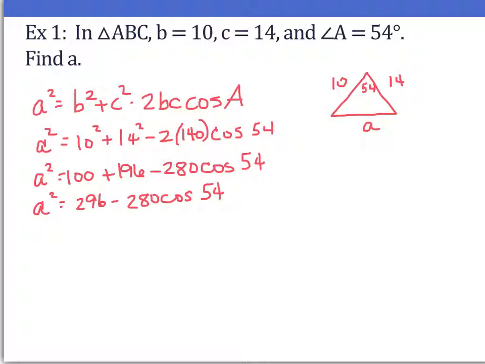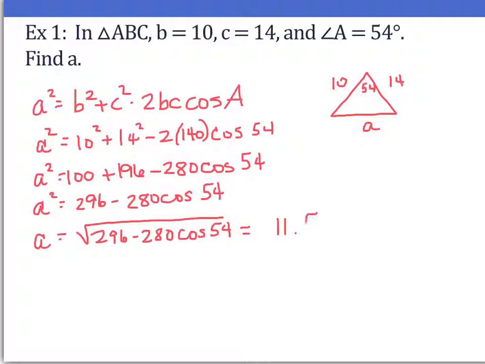Now at this point, I would go ahead and put all of that under a square root. And actually, you could do that from the very start if you choose to do that. You could put that square root at the beginning and just set it equal to a. And this ends up being 11.5 for side A.